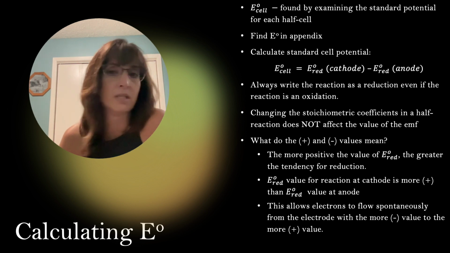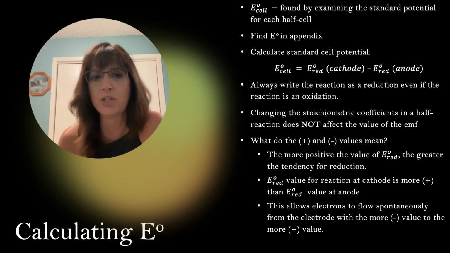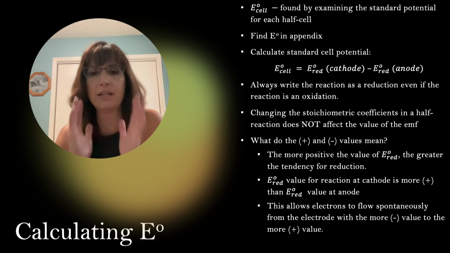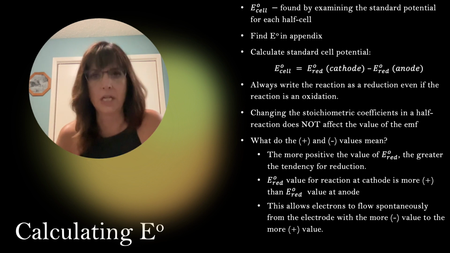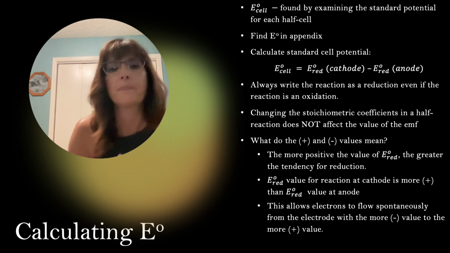Always write the reactions as reductions, even if the reaction is an oxidation. Changing the stoichiometric coefficients doesn't affect the value of the EMF at all. So if you notice in the appendix, they're all listed as reductions. We want to leave them as reductions.